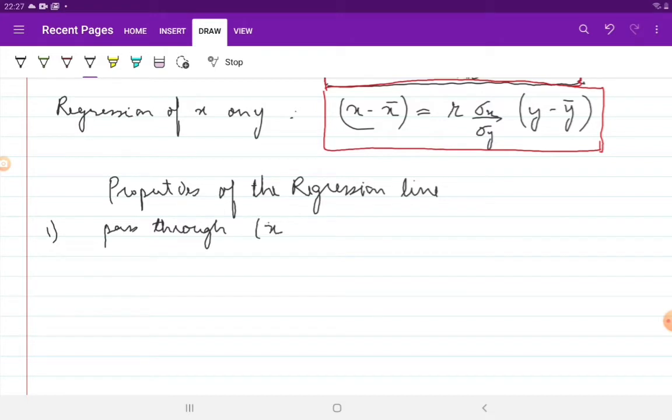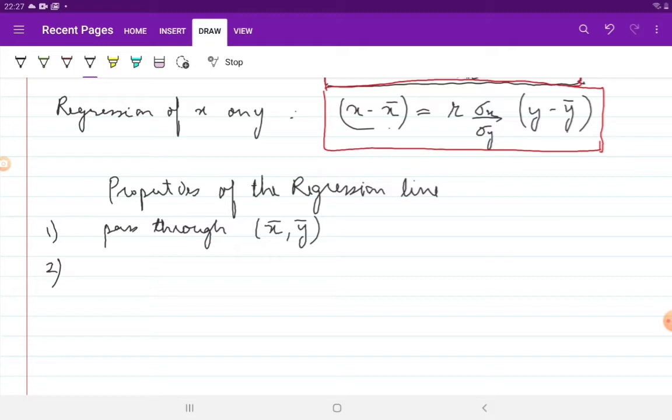So they'll pass through x bar comma y bar, and this should be obvious by the fact that both your regression functions can be expressed in deviation form. So in the deviation form, you have your x bar and y bar as a part of the equation itself, which would mean that the coordinate x bar comma y bar is a point on both the lines.